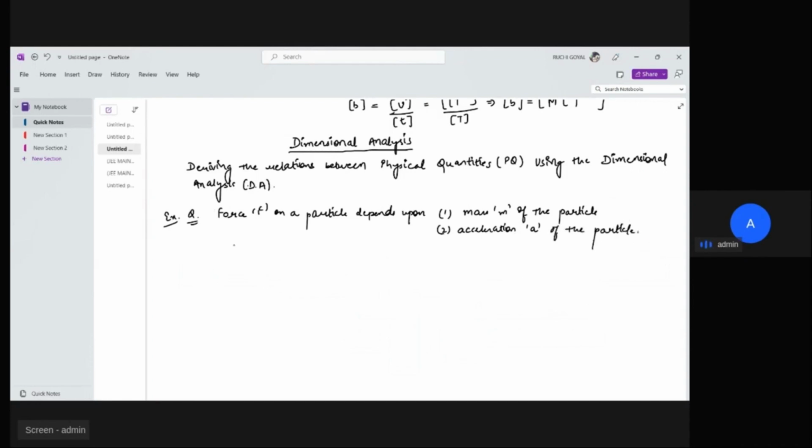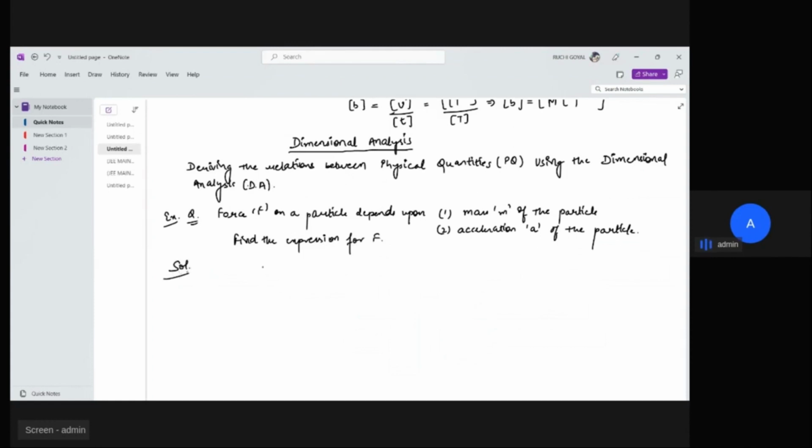So we have to find the expression for force F. What will be the solution? How can we find this?